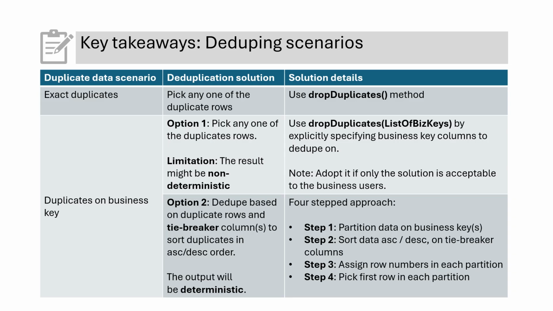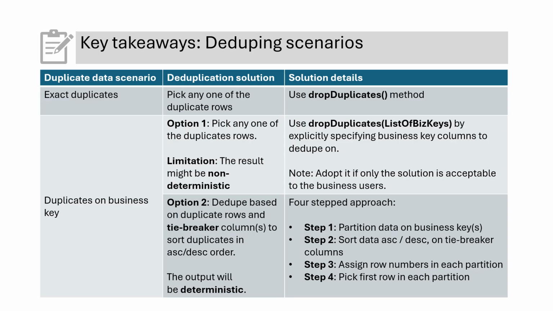Which of these two options to use for deduping on business key? It all depends on what is acceptable to the business users. All right, that was pitfall number two.